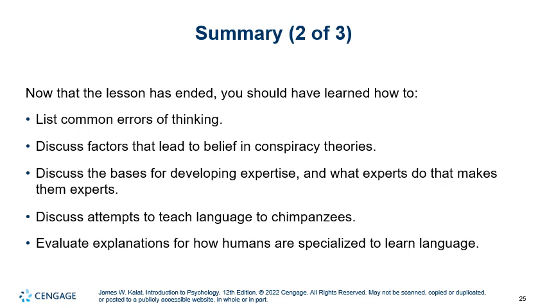We also discussed the attempts at teaching language to chimpanzees and how they're able to type out short sentences on the keyboard. We also looked at how to evaluate some of the explanations used and how we specialize in the ability to learn how to develop our language.